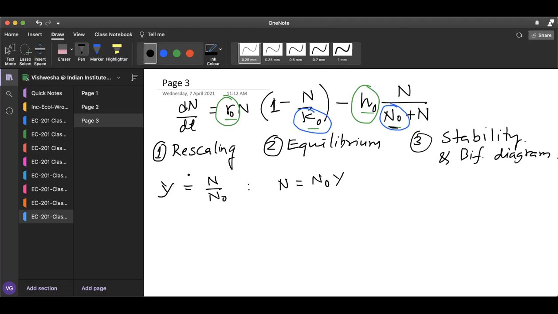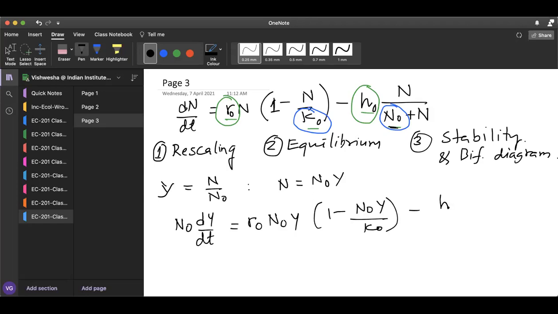On the left hand side, we have n0 times dy by dt is equal to r0 n0 y times 1 minus n0 y by k0, minus h0 n0 y divided by n0 plus n0 y. Is that right?